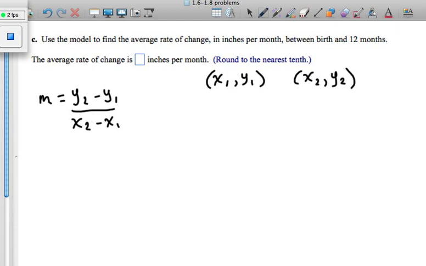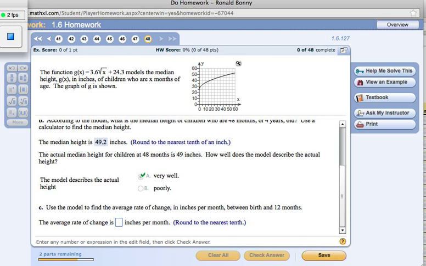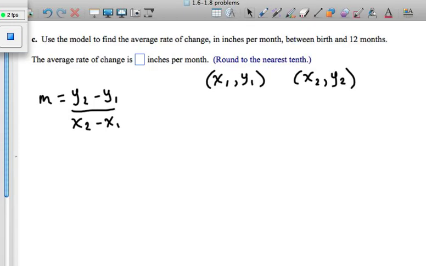So let's go back to our formula here for a second. Remember, the formula is 3.6 radical x plus 24.3.